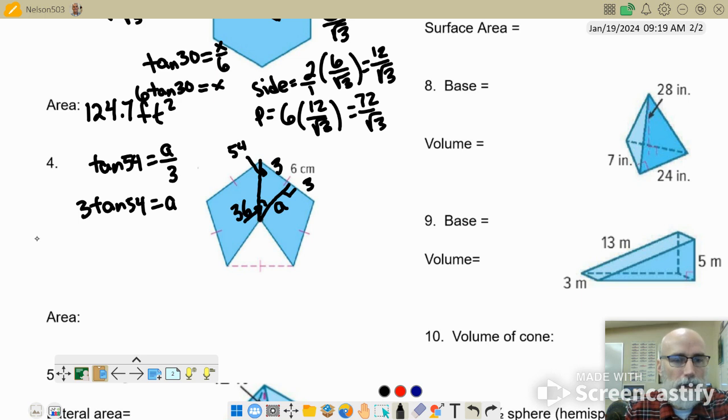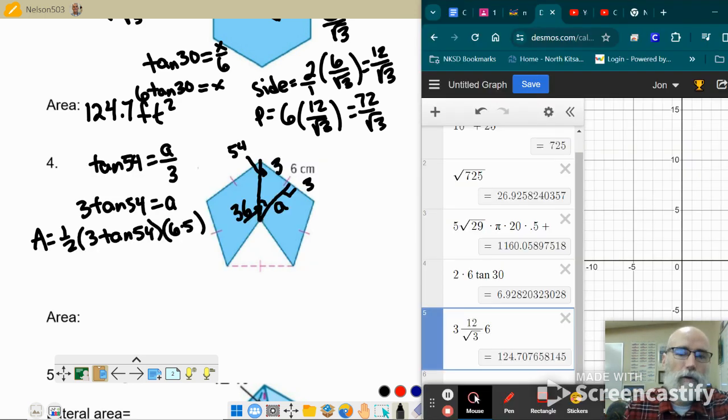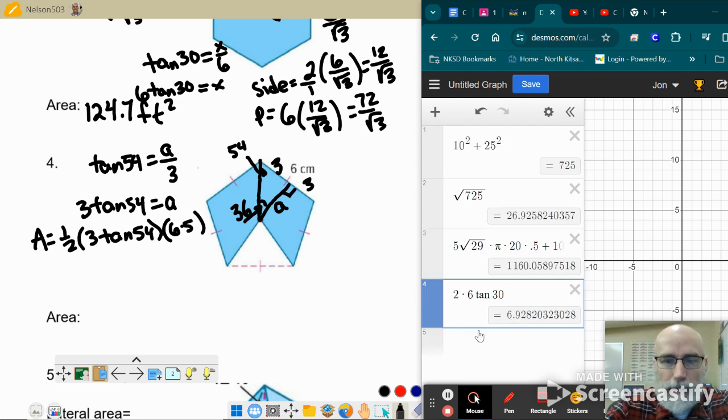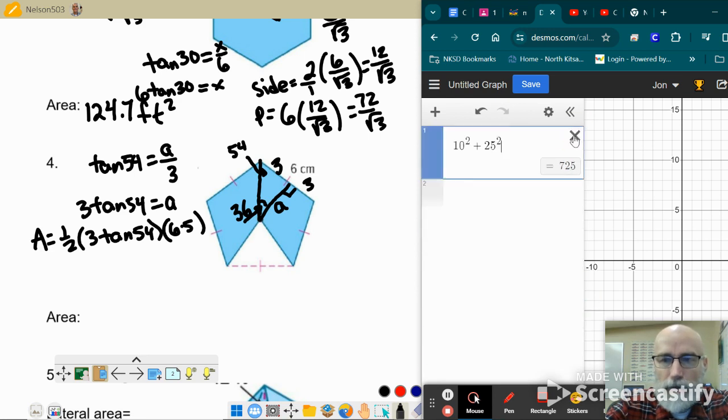So I go area of the whole thing would be 1/2 the apothem times 6 times 5, because there's 5 sides to it, right? And so let's jump over to Desmos and let's do that real quick. Let's clear off some of this stuff. And I get 0.5 times 3 times tangent 54.